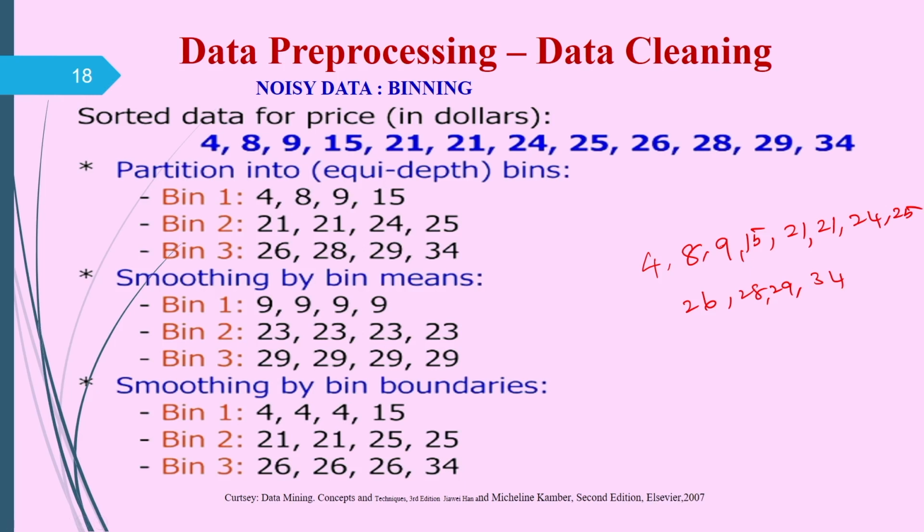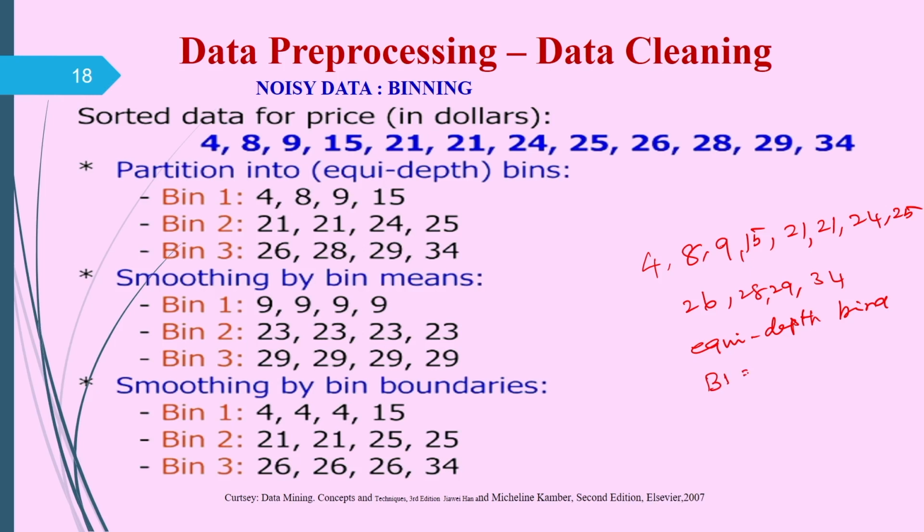The first step is that here this data is in sequential order, but if the data is in jumbled form, step 1 is to write it in incremental order. Then we have to segregate this data into equi-depth bins. That is, we divide all these 12 data into 3 different bins.